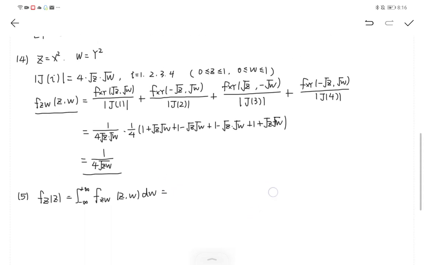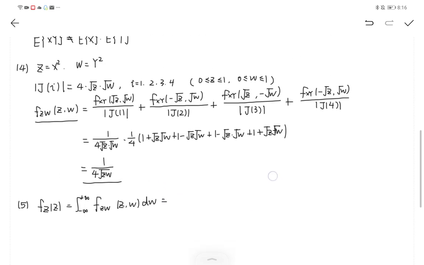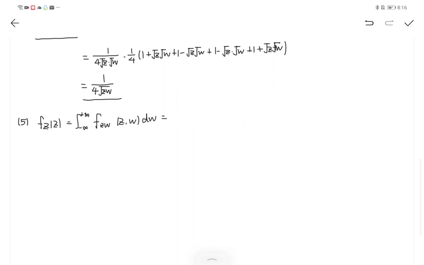We have the range of Z and W, so it is from 0 to 1.